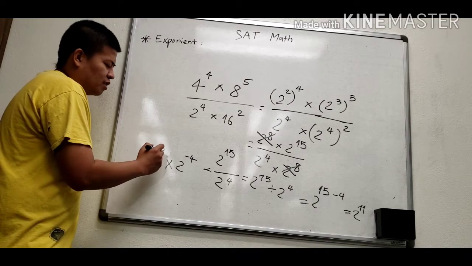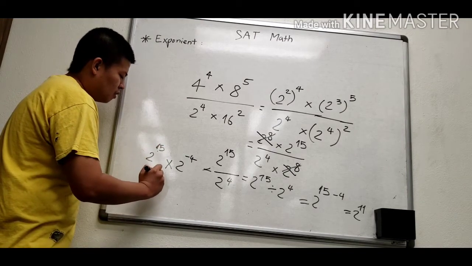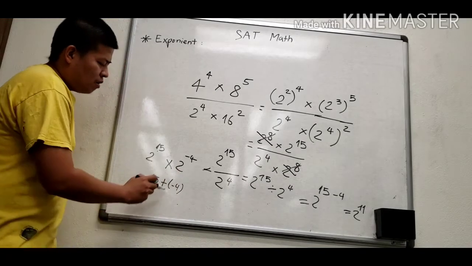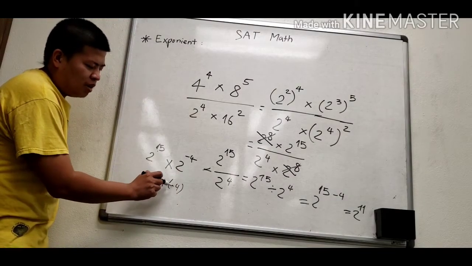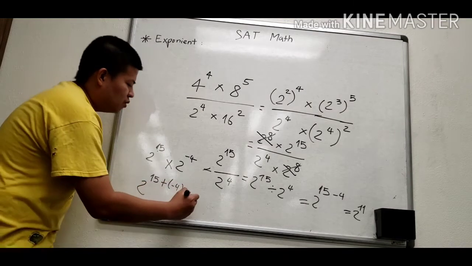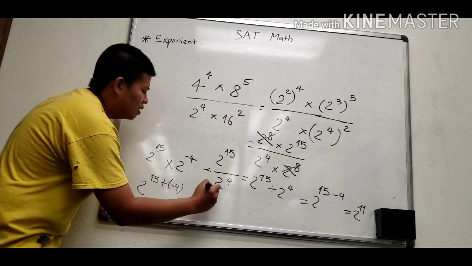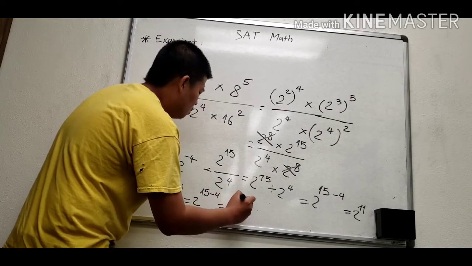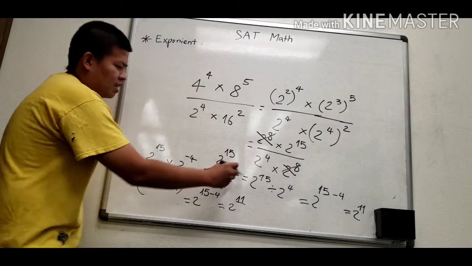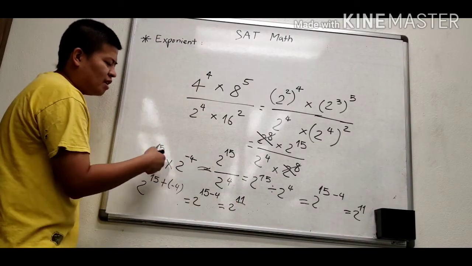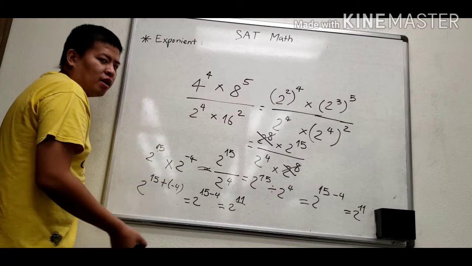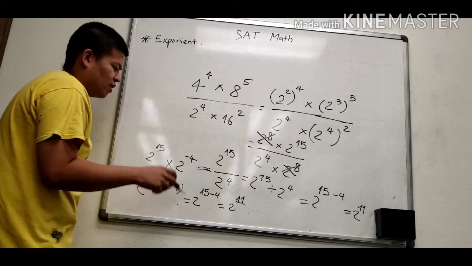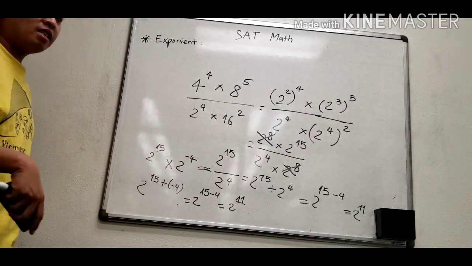In here we have 15 plus minus 4. We know that we have the positive, but the number is negative. Then we change to 2 power 15 minus 4. And you get 2 power 11. That's it, the same technique. This way you flip the number on the division. This way you apply the basic formula. That's why both ways have the same answer.